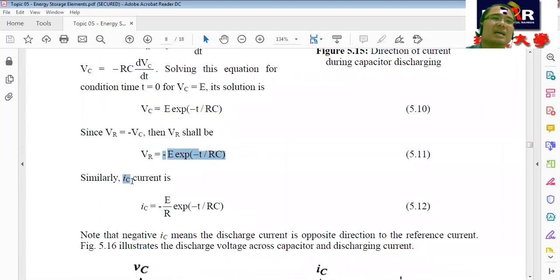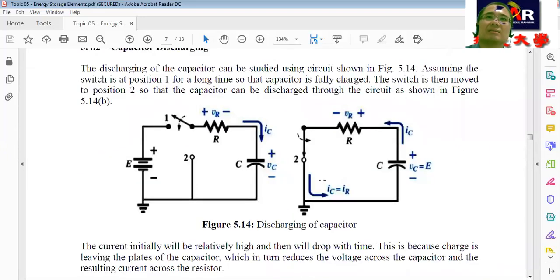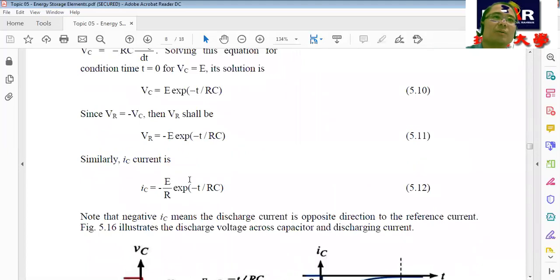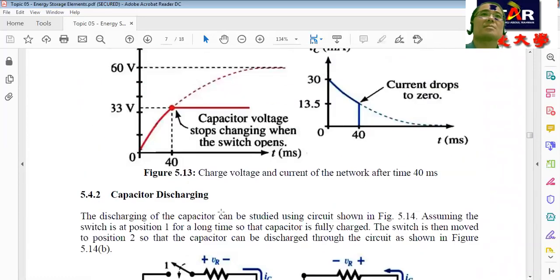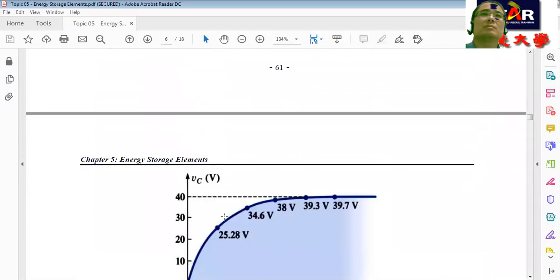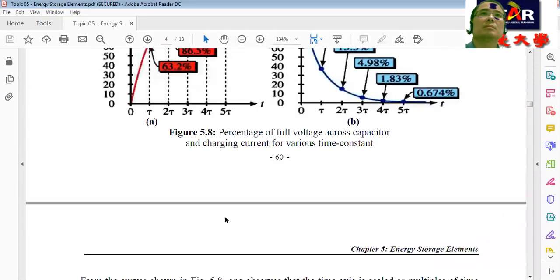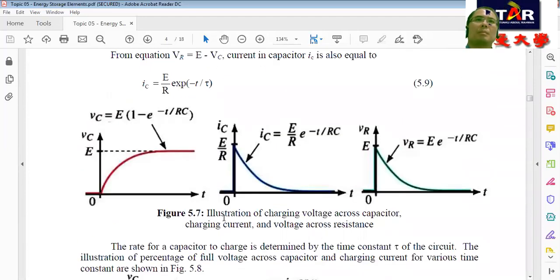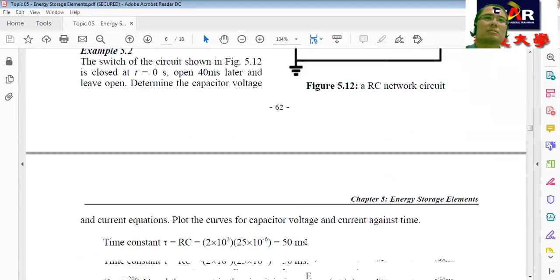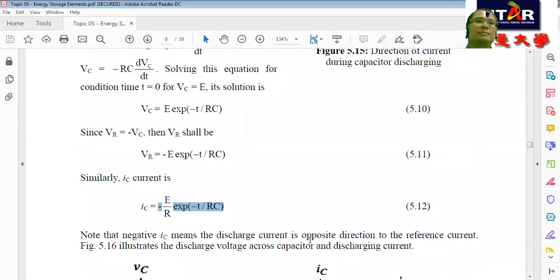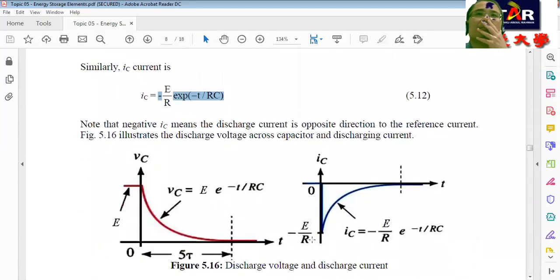Similarly, the direction of IC is reverse to the charging current, so the equation will be minus E over R exponent minus t over RC.